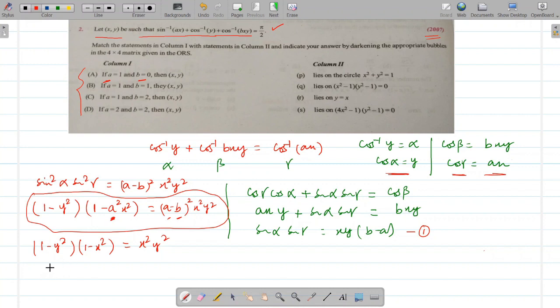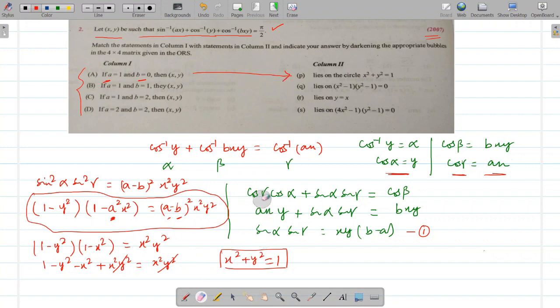If I open the bracket and simplify, I get 1 minus y square minus x square plus x square y square is equal to x square y square. X square y square cancels, and I get x square plus y square is equal to 1. So we can match A to P.